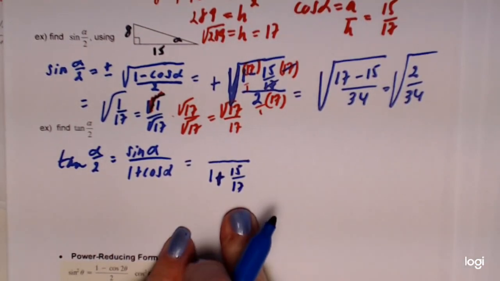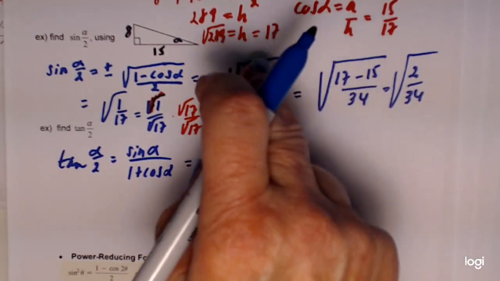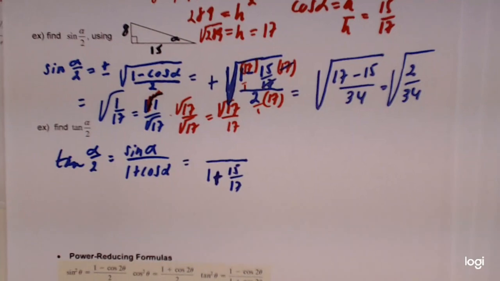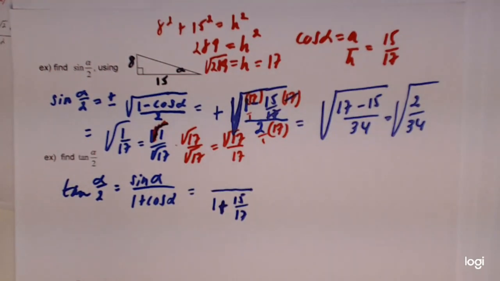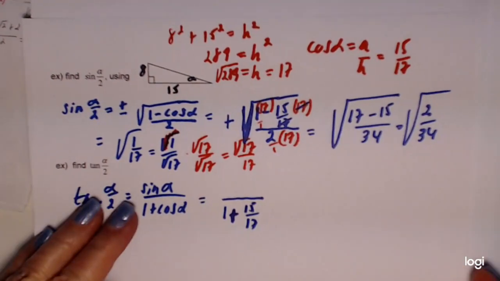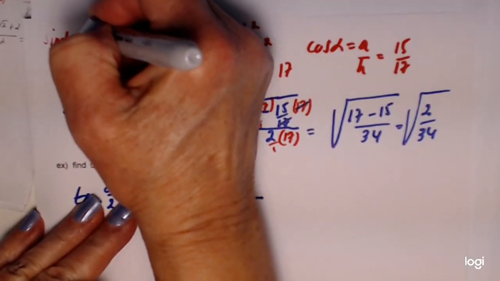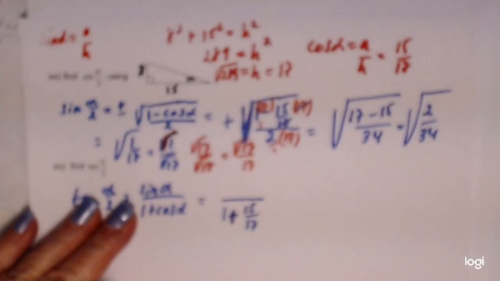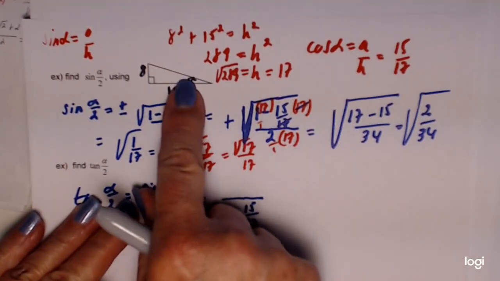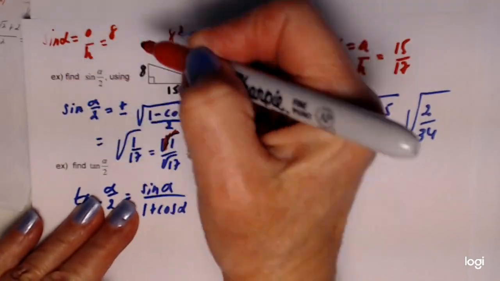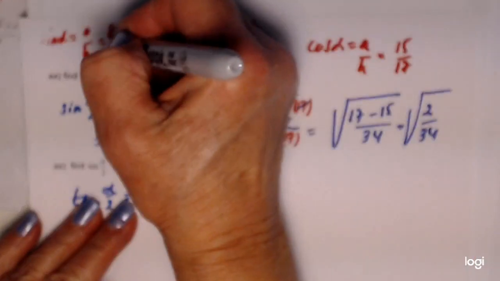So we have that information in the denominator, and let's come back up here to take a look at what our sine would be. The sine of alpha is the opposite over the hypotenuse. In this example, the opposite is 8, and our hypotenuse is the 17.